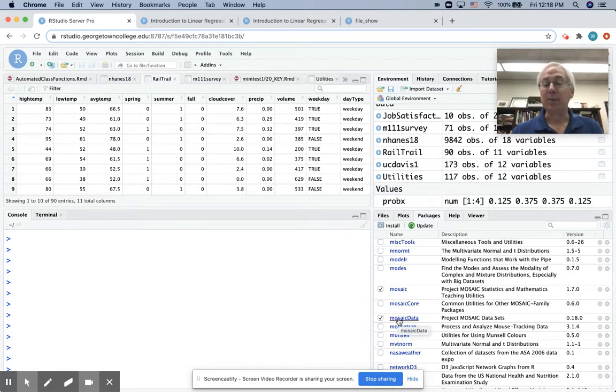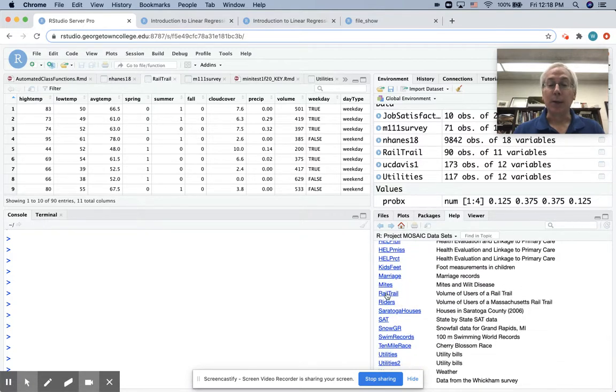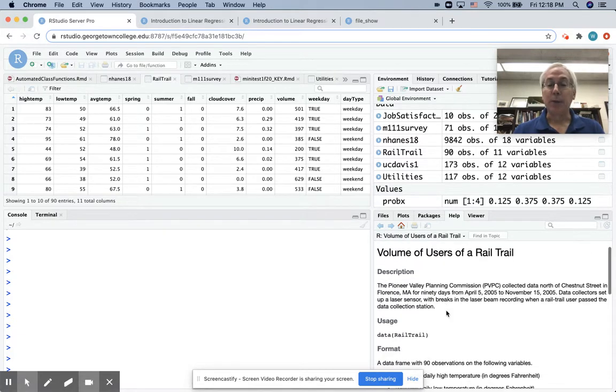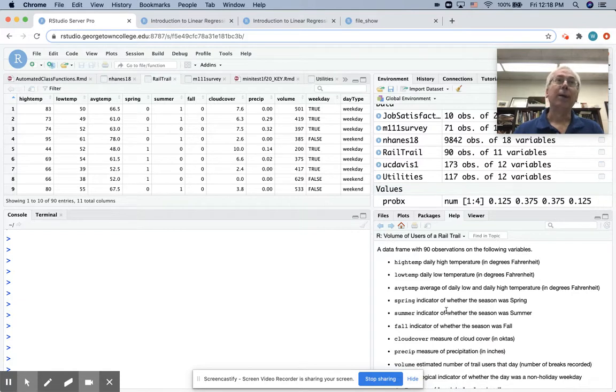So it may take a minute to install some things for you when you check that box. And I'll just point out that inside here is the data set Rail Trail. And we can learn a little bit about what's going on here using the help command. You'll want to enter data, parentheses, Rail Trail, View, remember with a capital V, Rail Trail, and then help Rail Trail to bring up this file.